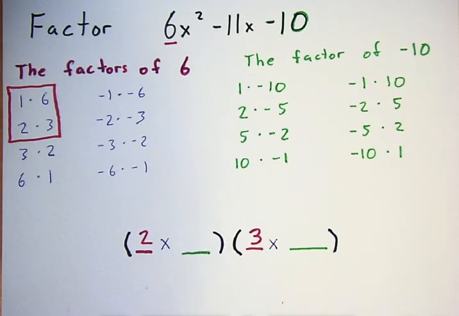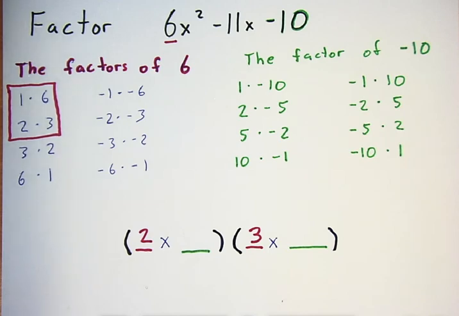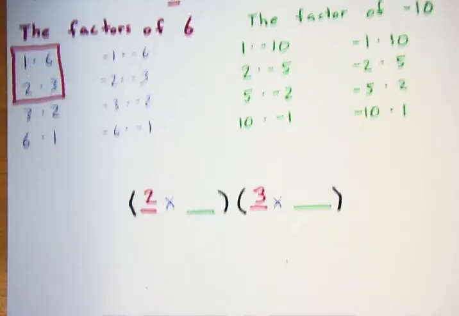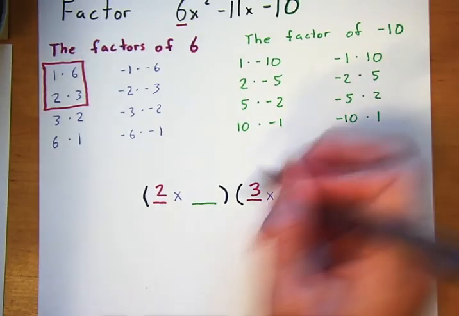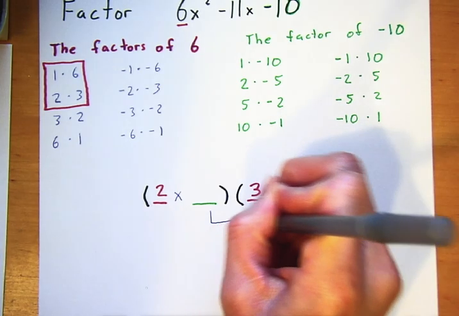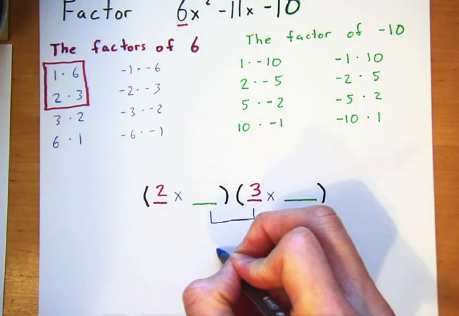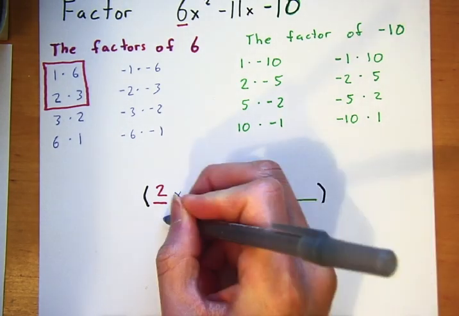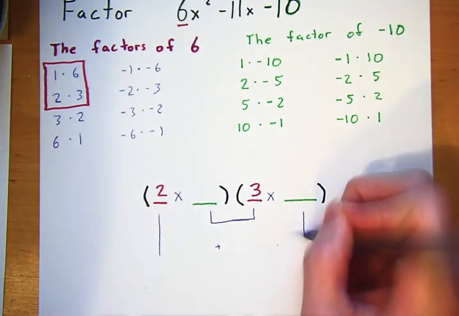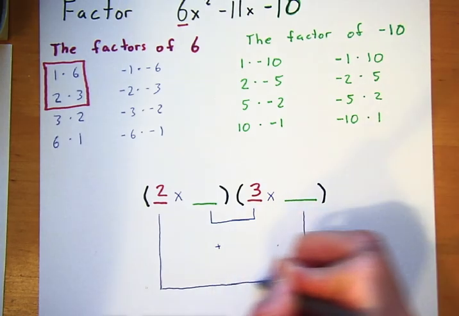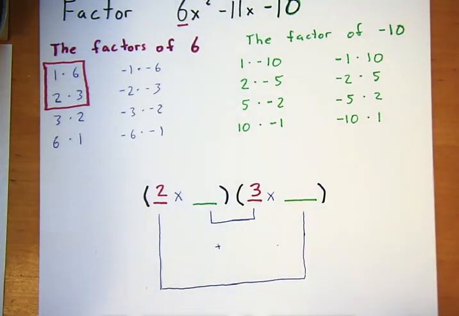I'll show you exactly what I mean in 1 second, but you're trying these here in these two locations with the goal that this one multiplied by this one plus this one multiplied by this one will equal this number right here.